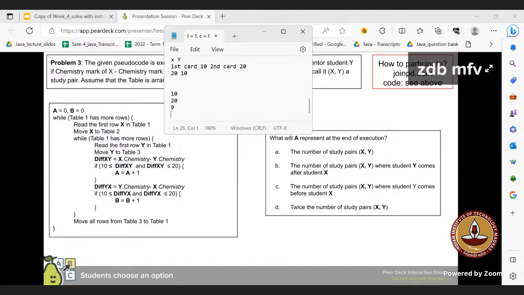So yeah, you have 10, 20 comparison, 10, 9 comparison, and 20, 9 comparison. For the 10, 20 comparison, will A be incremented or B? B. Yes, B will be incremented. For 10, 9 comparison, A will be incremented. Yes. For 20, 9 comparison, A.